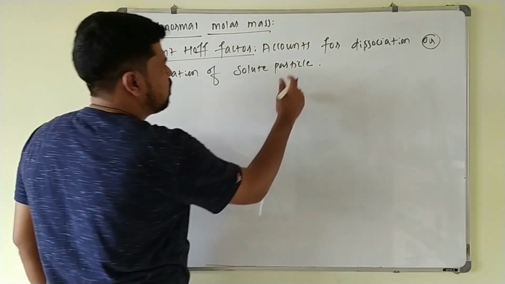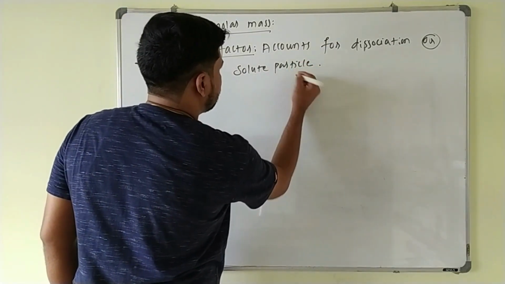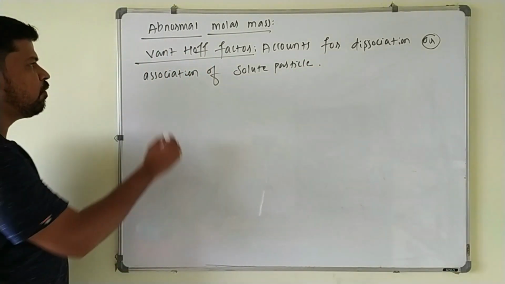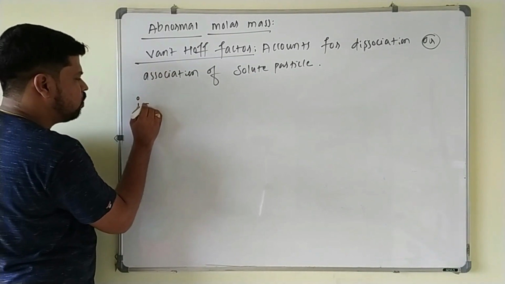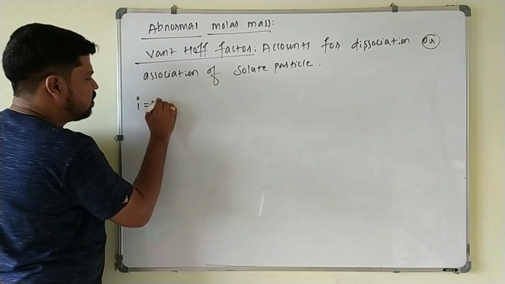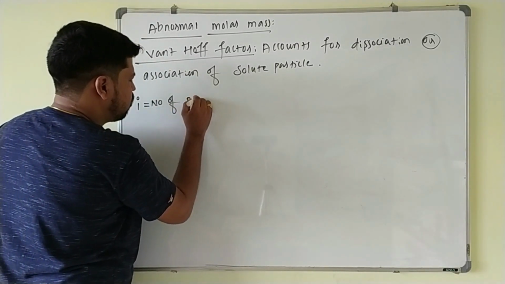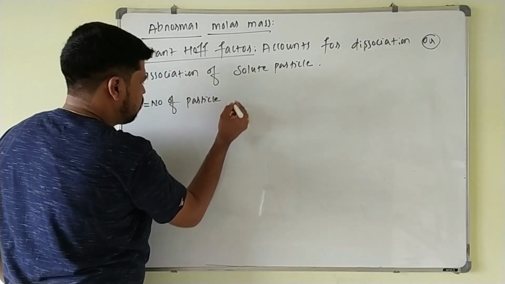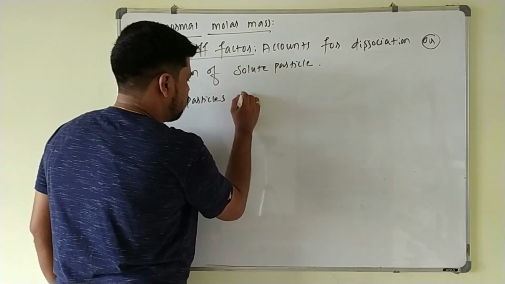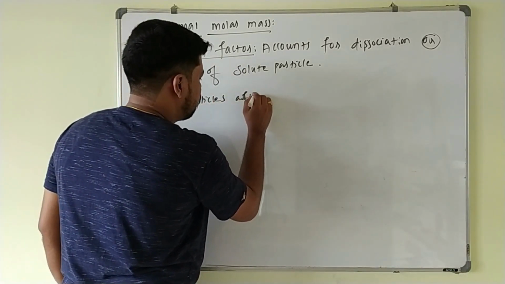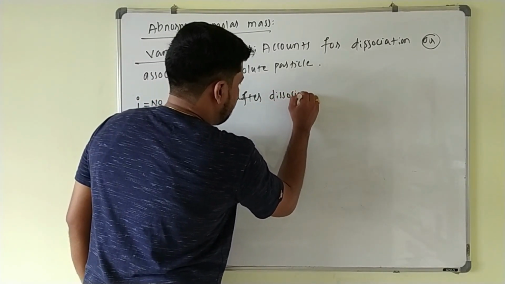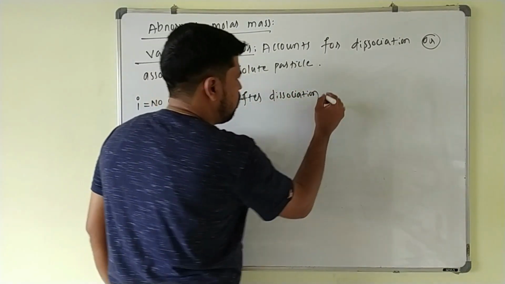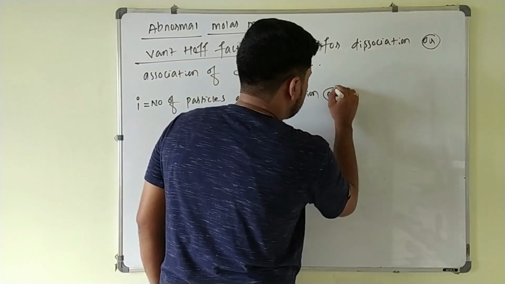Now this Van 't Hoff factor is indicated by the letter i. This Van 't Hoff factor is equal to the number of particles after dissociation or association.